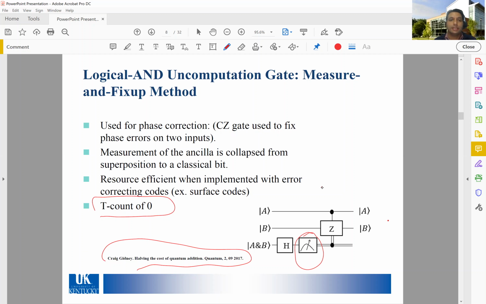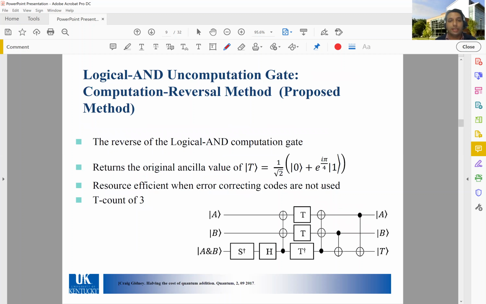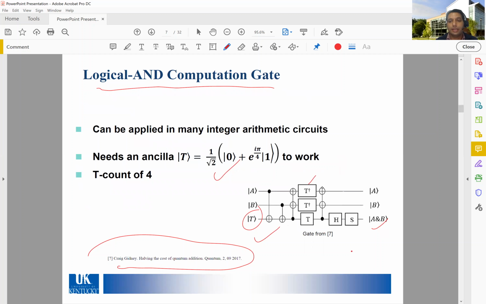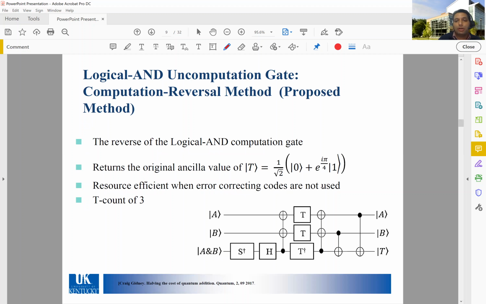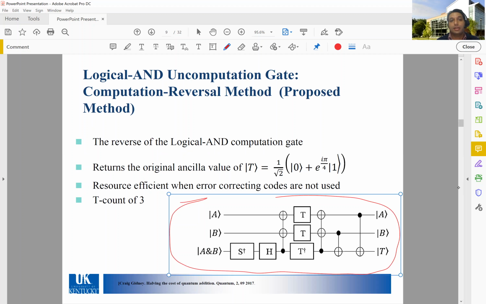Now the interesting thing is that we think, based on the motivation that has been said in the paper, that rather than performing that operation, what if we take this gate here and do the reverse of this gate? If we do the reverse of this gate, we will come out to this gate, right? And we call this gate the computational reversal method, in which you are just reversing this computation. And the beauty of this is that you're not performing any measurement operation.